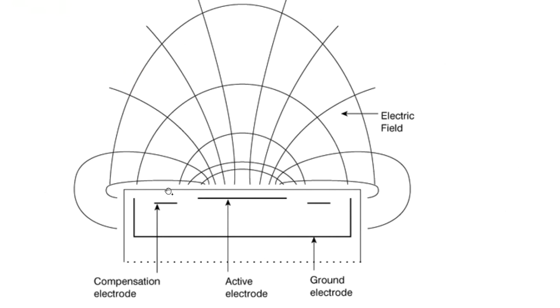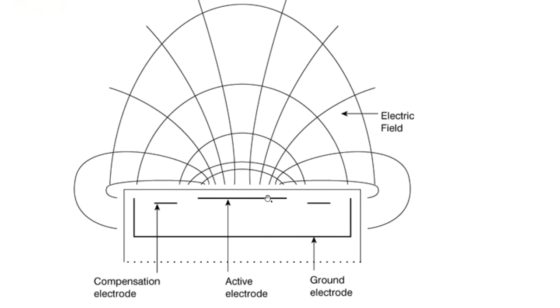So you have these two metal plates, or what they're calling electrodes in this slide, and you put a voltage difference between them, and it generates an electric field between the two plates.